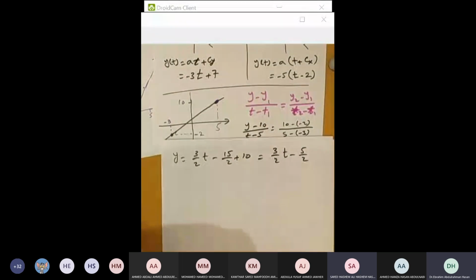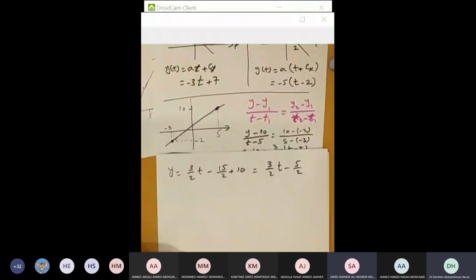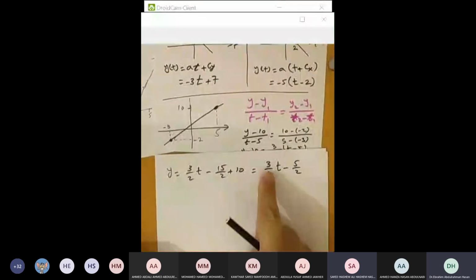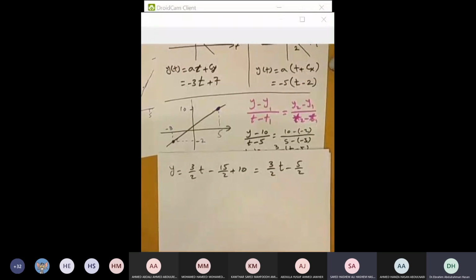Okay, is this correct? Let me check it. At t equal to minus 3, this one is equal to minus 9 over 2, minus 5 over 2.